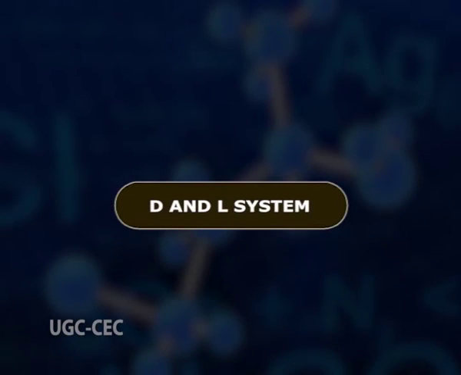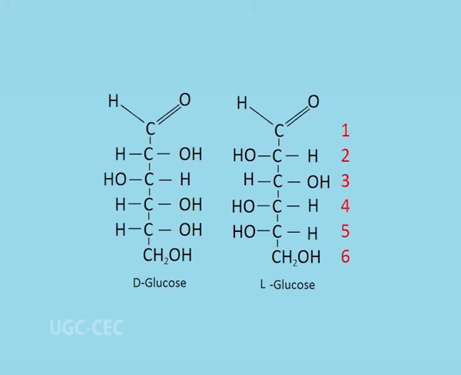Now let's look at the D and L system. The configuration of H and OH groups is changed and the two mirror images are produced. The groups in the second, third, fourth and the fifth carbon atoms are totally reversed so as to produce mirror images.